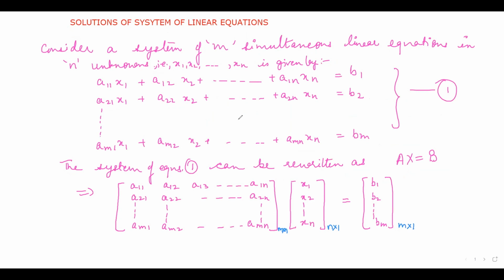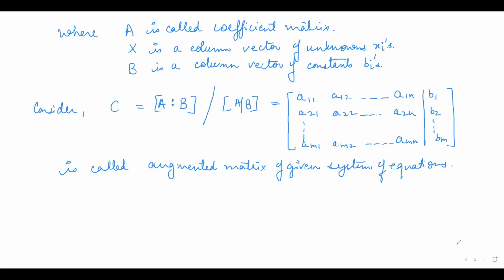So a consistent system of linear equations means it has a solution. Inconsistent means it has no solution. Similarly, it holds for the homogeneous and the non-homogeneous. So this is the augmented matrix.